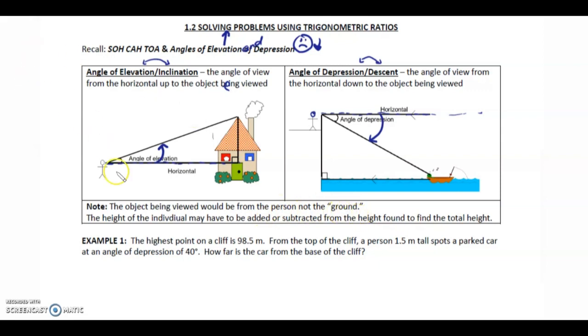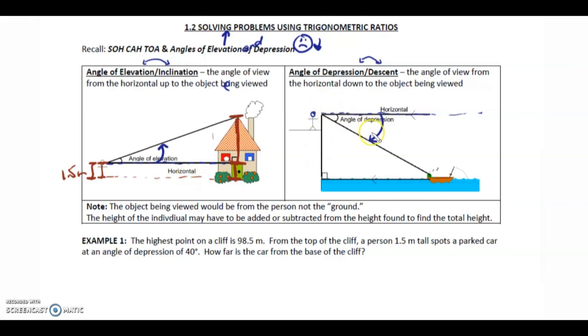So a lot of times what ends up happening is they'll say, okay, Sally is 1.5 meters tall. So if they're 1.5 meters tall, what we're actually solving for is just from here to here. And then we would have to add the 1.5 meters afterwards.